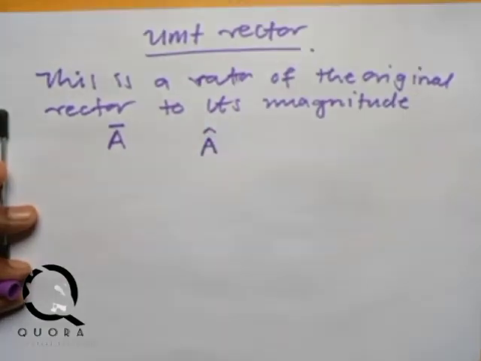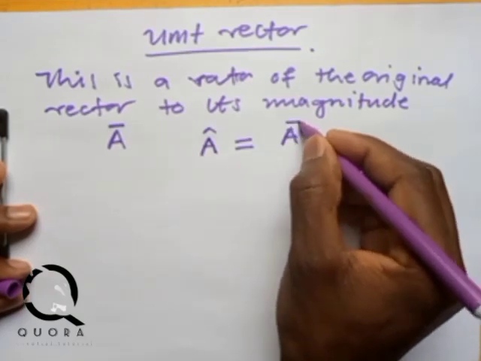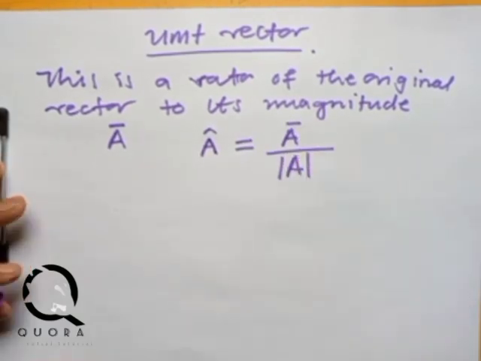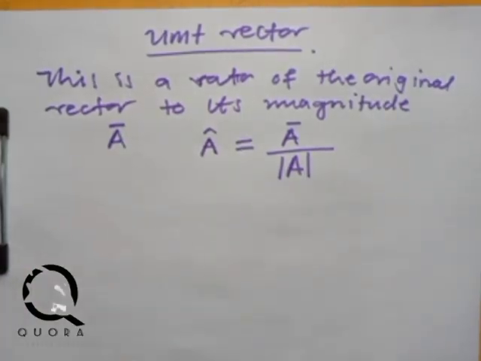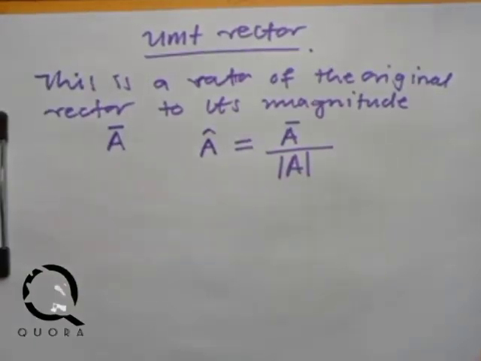This is my unit vector. It is equal to vector A over the magnitude of vector A. That's why in the definition we said it has to be the ratio of the original vector to its magnitude.